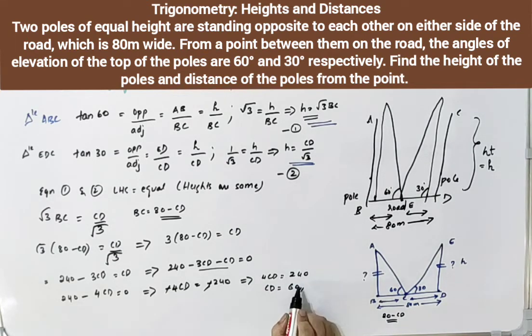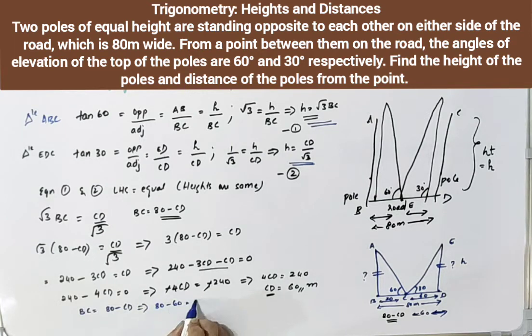So CD is 60 meters. So if CD is 60, then what is BC? The entire length is 80. CD is 60. So BC is going to be 20, right? So BC will be 80 minus CD, which is nothing but 80 minus 60, which is 20 meters.